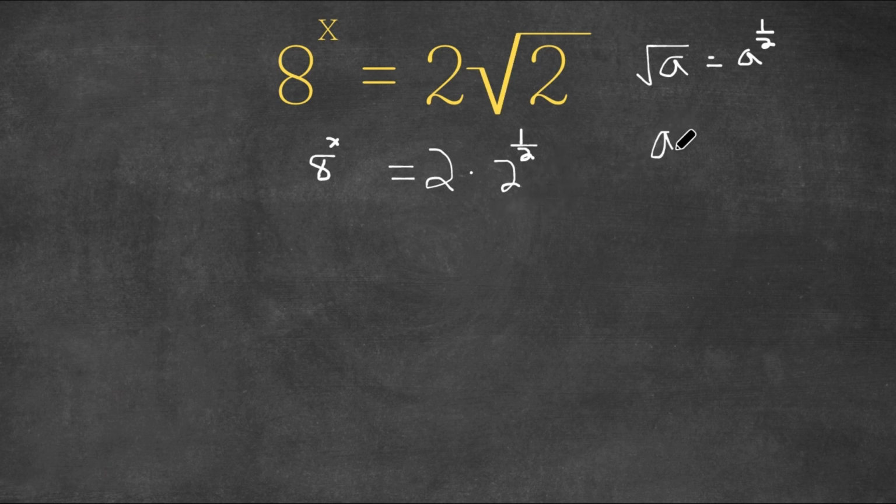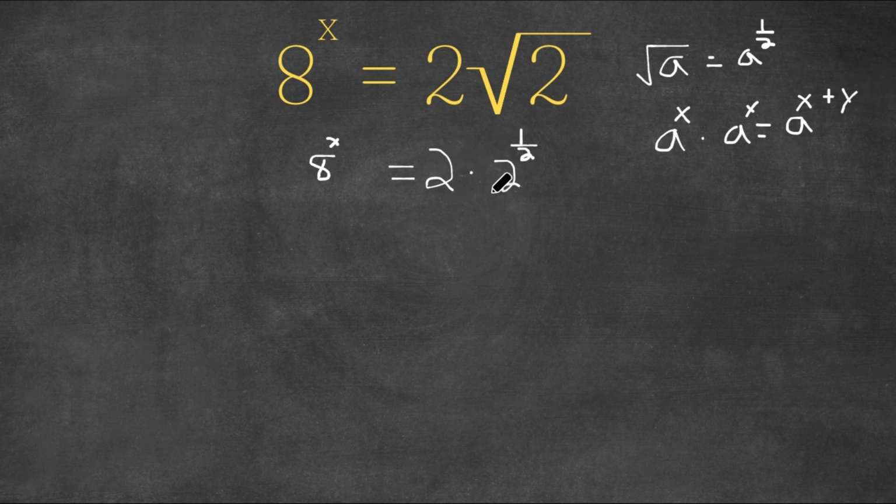Well, let's say we have the variable a, and we have a to the power of x, and we're multiplying that with a to the power of y. Well, this is the same thing as a to the power of x plus y.